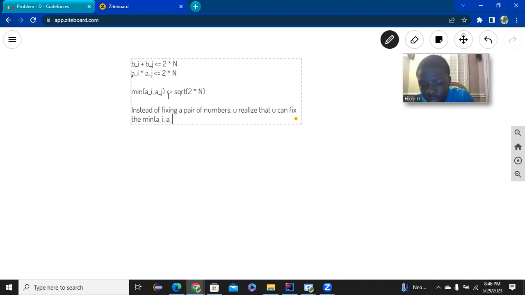And why do we want to fix this? We want to fix it because it's bounded by the input. It's from 1 to the square root of 2n.